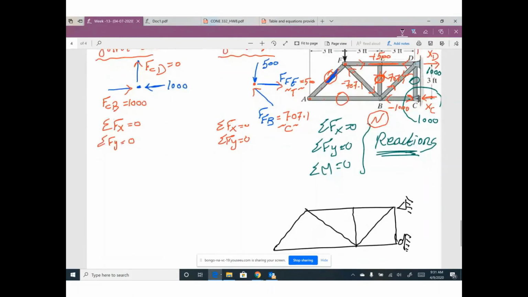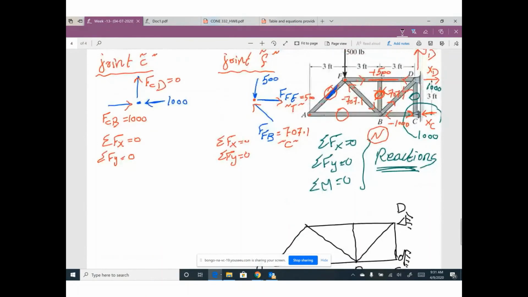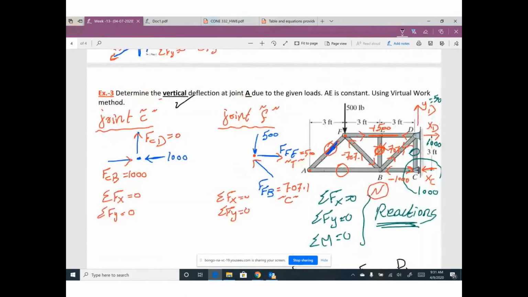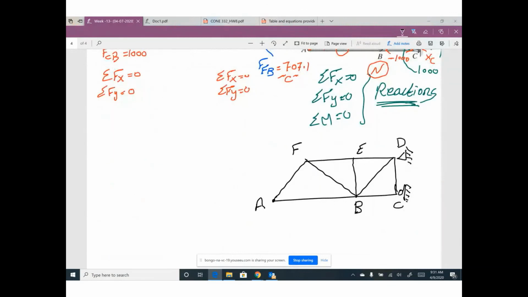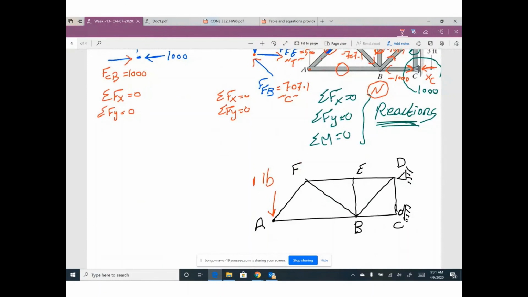I removed everything: A, B, C, E, F. Where will I put my unit load, and how? We are looking for vertical deflection at A. Go ahead and, at point A, which is here, put a vertical unit load of 1 Newton or 1 pound. I don't care, it's 1 unit load.